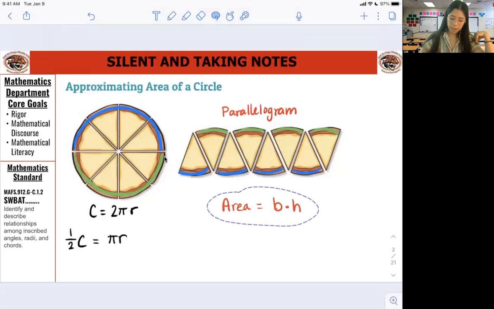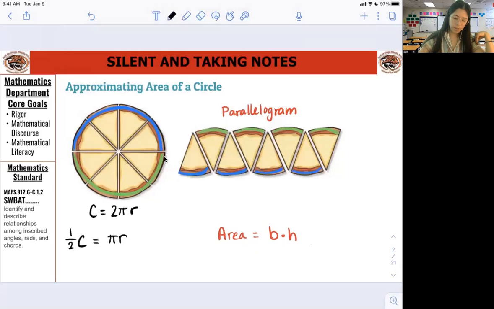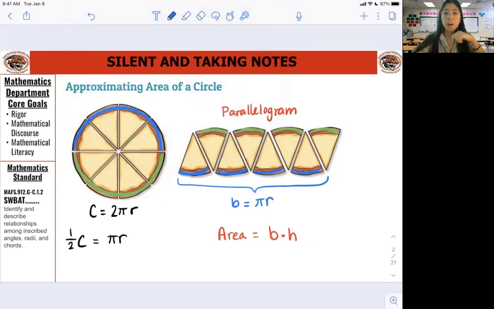Sorry, I keep moving this around. Okay. Since I've got all these crusts lined up over here, that's half of the circle. So the length of the base would be pi r. Does half of a circle count as an arc? Definitely. That's a very specific type of arc because it's a semicircle, but it's still an arc.